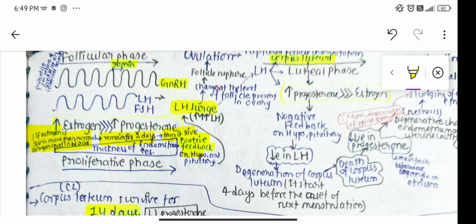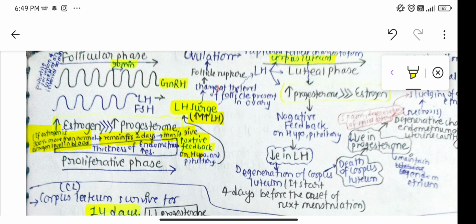But if its level is more than 300% of the normal level, then the negative feedback will convert into positive feedback on the hypothalamus as well as the pituitary. So it will lead to increased secretion of GnRH from the hypothalamus as well as LH and FSH from the pituitary. This will cause the LH surge, meaning an increase in the level of LH.